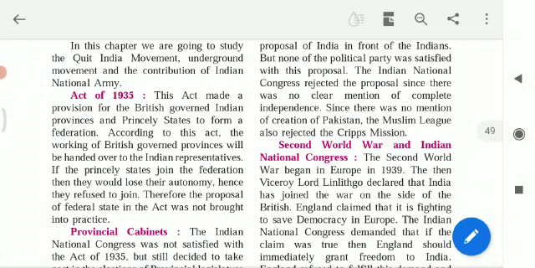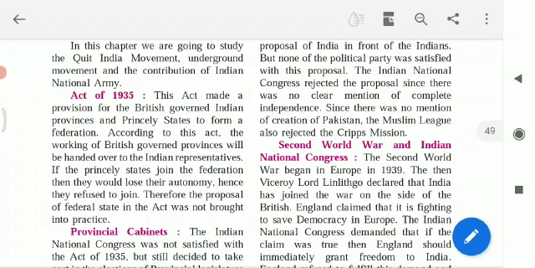The Cripps proposal was rejected by the Congress as there was no clear mention of the grant of complete independence. The Muslim League also rejected it as there was no mention of the creation of Pakistan.